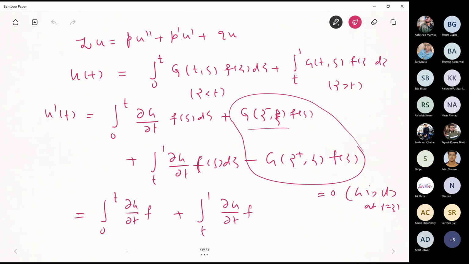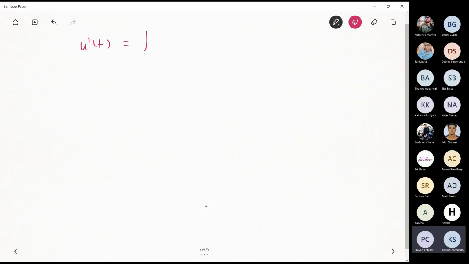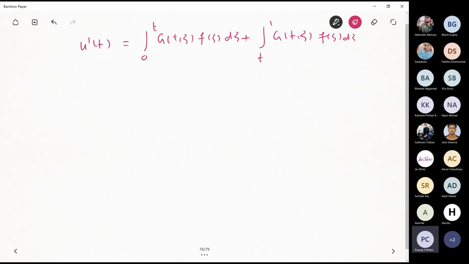So now let us do the second derivative, u double prime. Let me write what u prime is first. You have u prime t, which is the integral from 0 to t of dou G by dou t times f(xi) d xi plus the integral from t to 1 of dou G by dou t times f(xi) d xi. Now you write the second derivative.